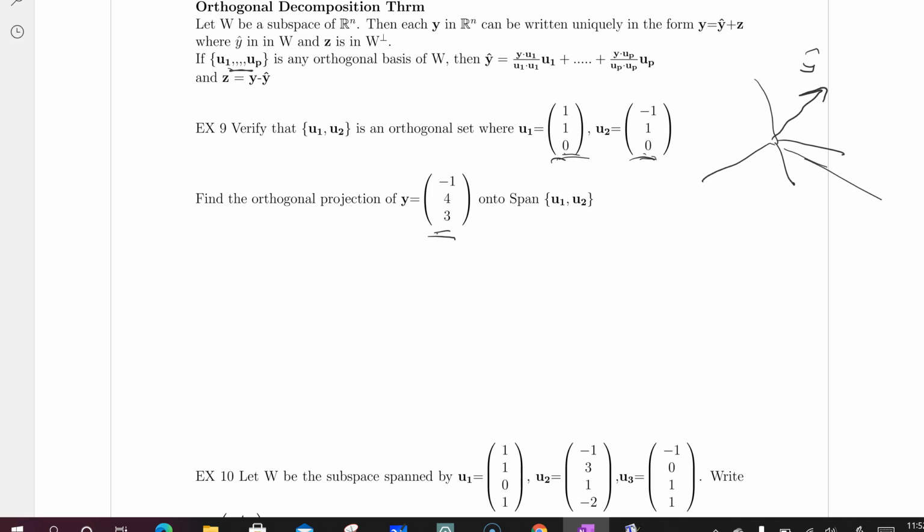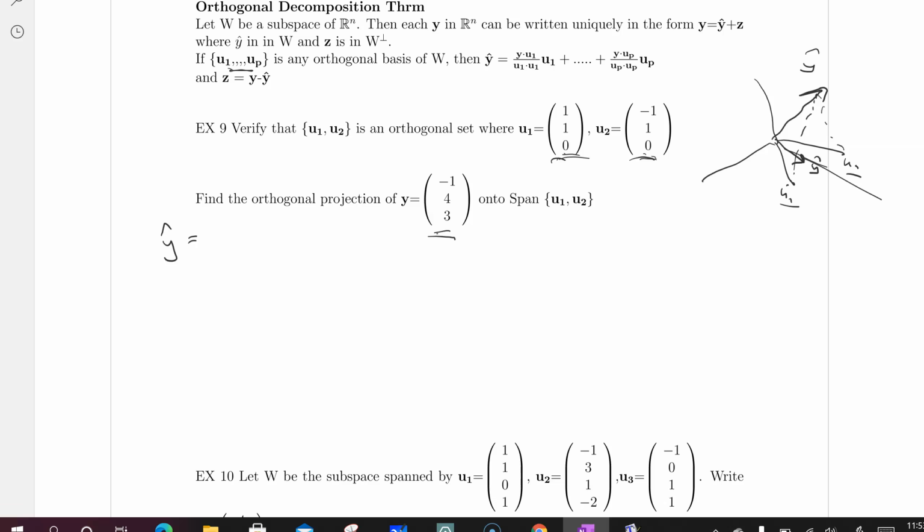I'm going to be taking the orthogonal projection onto these two vectors, u1 and u2. By doing the dot product, I'll find that projection y hat that's down here. This y hat would be in the span of u1 and u2. So that's a very rough drawing of what I'm trying to do.